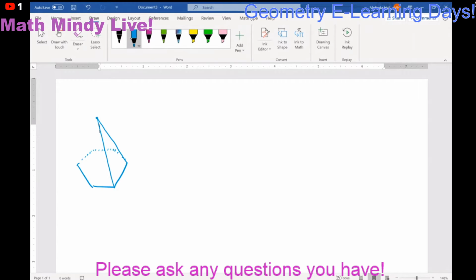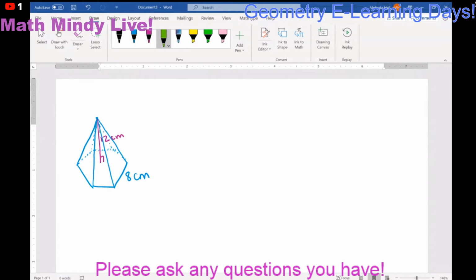So maybe we had this hexagonal pyramid, and we're going to say that the side lengths are, I don't know, 8 centimeters. And then the height of this is going to be, let's say, 12 centimeters.